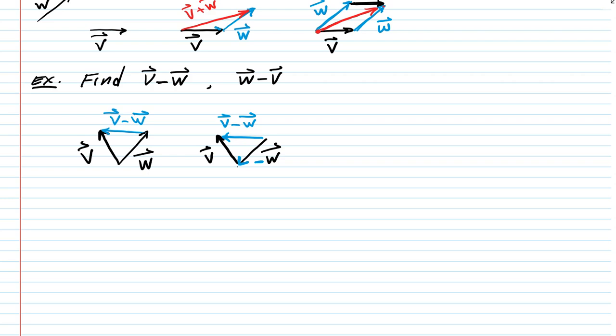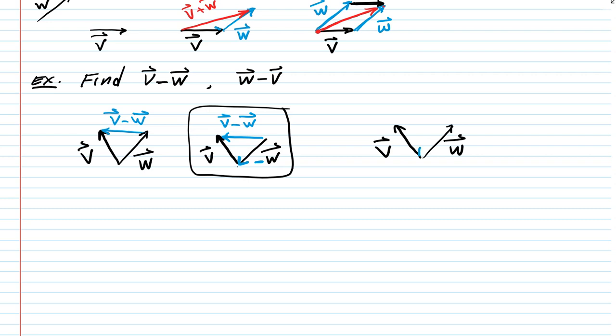Okay. Now let's do W minus V. And this is the answer to V minus W. If I want to do W minus V, so this time, this is W, and remember this was V. I'm going to do negative of V. Well, negative of V will go in this direction, but it will have the same magnitude, correct?